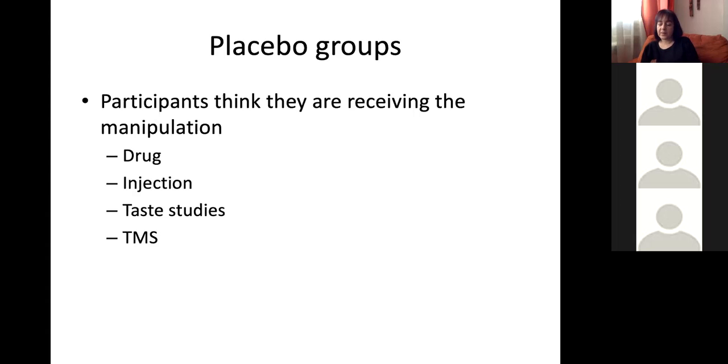If you are studying, let's say, taste perception, you probably know that there are a lot of studies about Pepsi and Coke. If people are asked what is their favorite drink and they say Coke, if you present them two types of drinks that are labeled Coke and Pepsi, then participants are going to prefer the drink that they actually prefer.